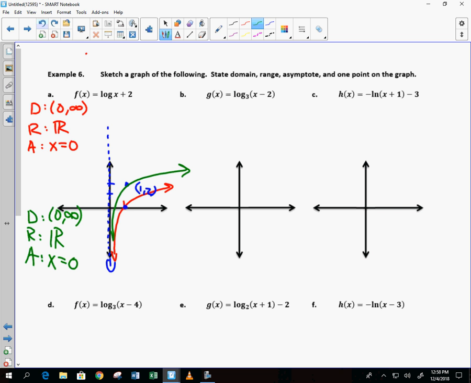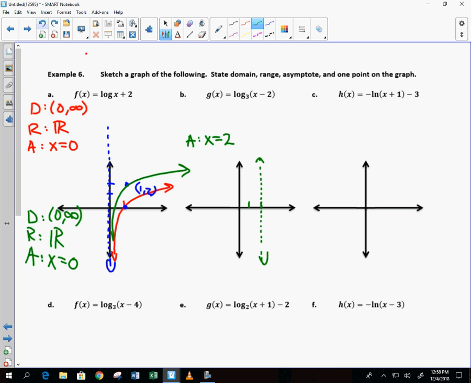2 to the right. Is that going to change the location of this asymptote? Yep, it will. It's going to move it over 2 units. So therefore, the asymptote is x equals 2. Will that change the location of the point?